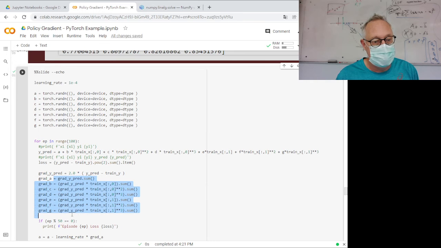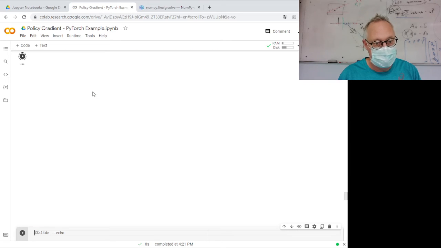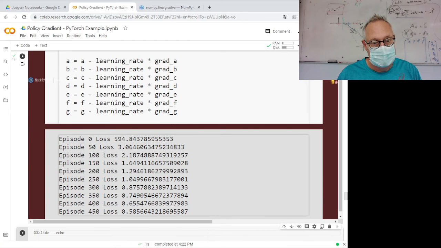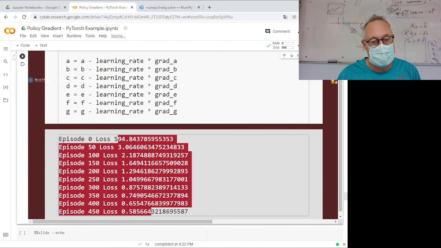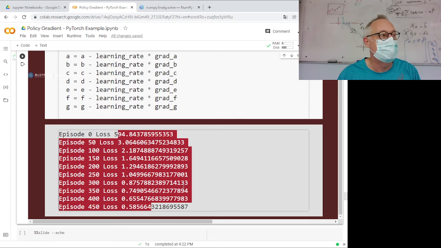And these are the partial derivatives for A, B, C, D, E, F, G. And learning rate, let's increase the learning rate a little bit. And let's run it for 500 steps. Then you can see how we approach our solution, our approximation gets better and better.